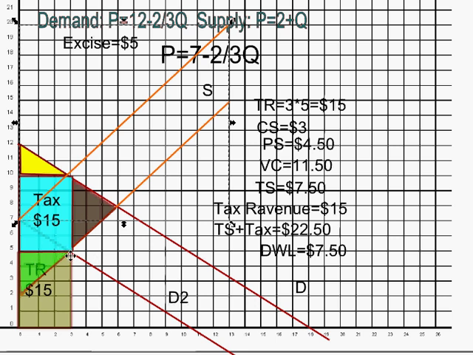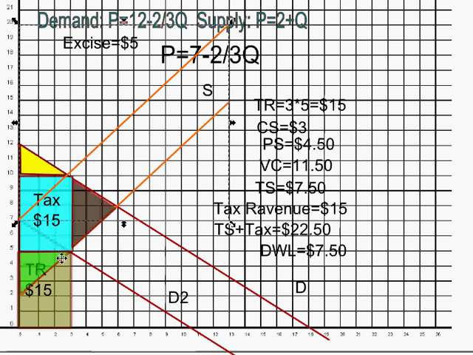Well, the price that the business charges is going to go from $5 up to $10 here. And the amount that the consumer is going to have to pay is that $10 price. But then the business is going to have to pay $5 times 3 units they sell, $15 in tax to the government.